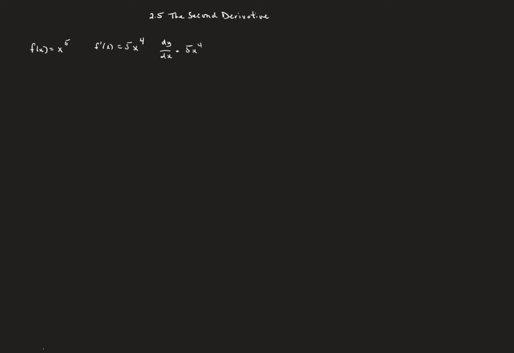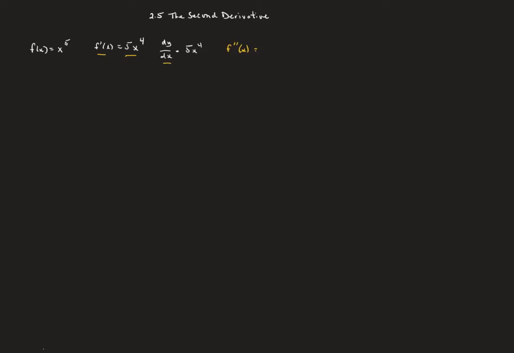Now notice that this f prime of x, however we write it, is itself a function of x. So it makes perfect sense then to take the derivative of that function. And the way we denote that in the function notation is to make it an f double prime. So we write the second derivative, and this is known as the second derivative, the derivative of the derivative.